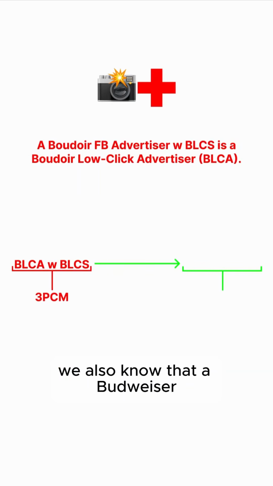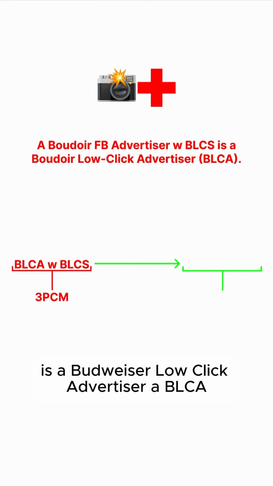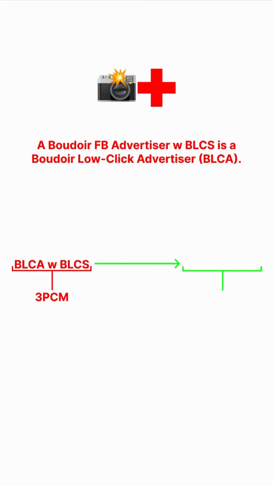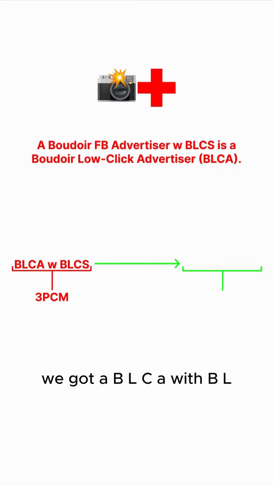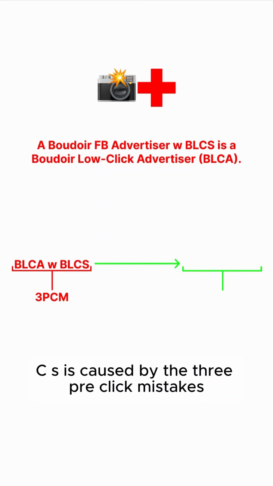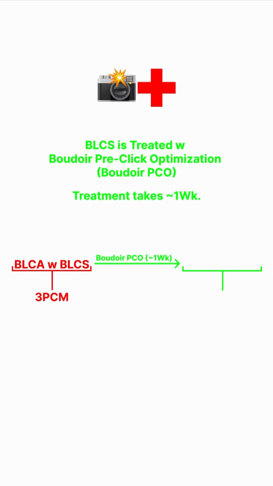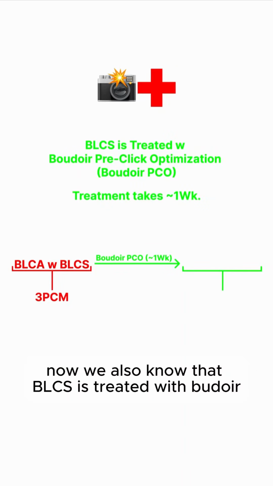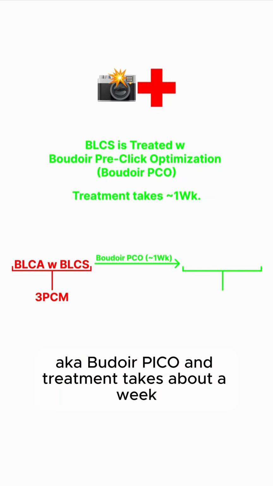We also know that a Boudoir Facebook advertiser with BLCS is a Boudoir low-click advertiser, a BLCA. So we're building up our universe here. We got a BLCA with BLCS, caused by the 3 pre-click mistakes. Now, we also know that BLCS is treated with Boudoir pre-click optimization, aka Boudoir Pico, and treatment takes about a week.